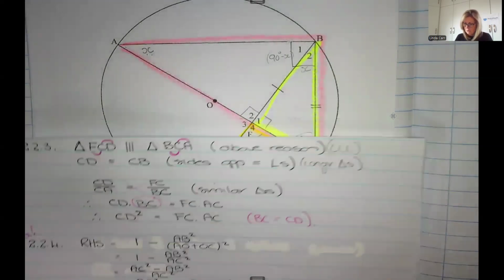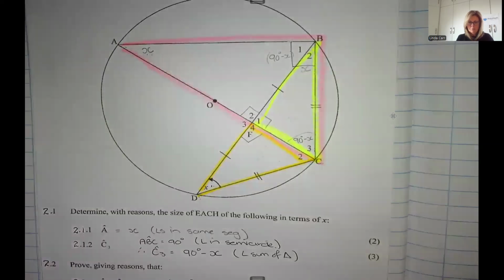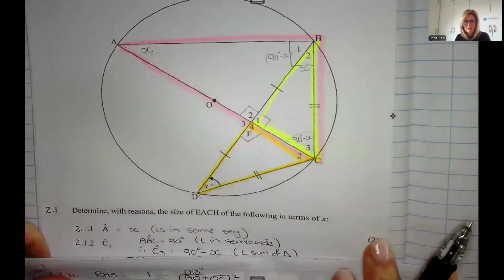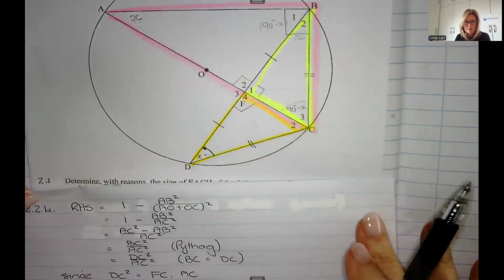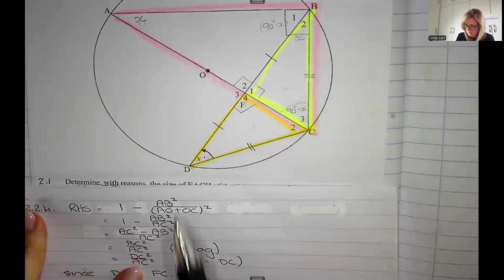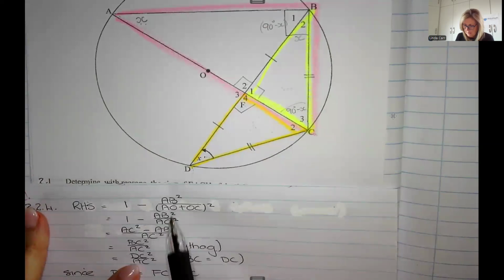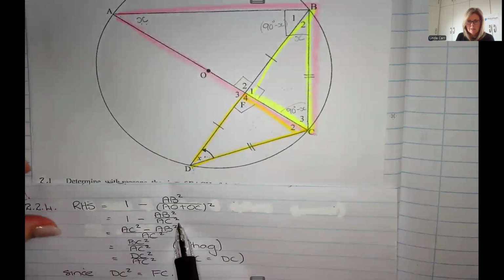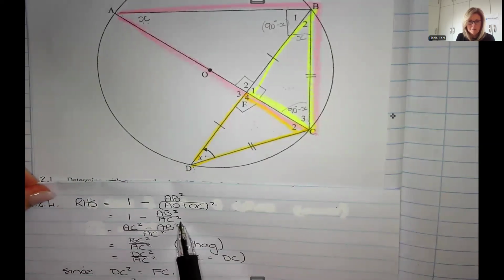So my required to prove right-hand side algebra brought me to 1 minus AB squared over AC squared. Okay, we've agreed on that.